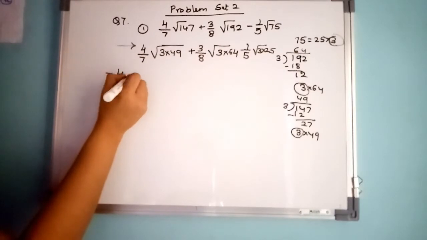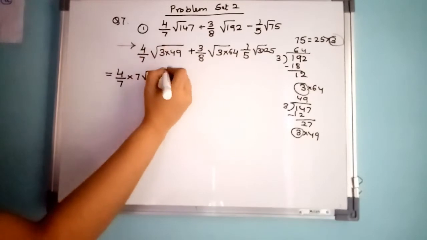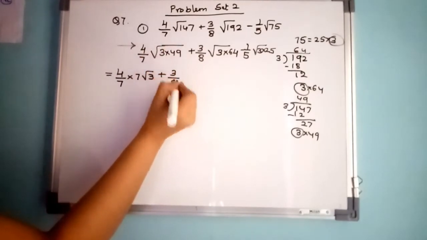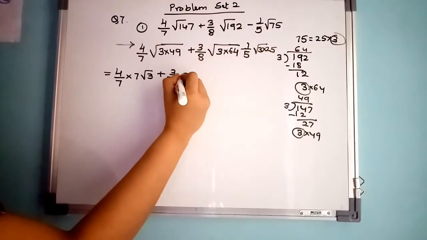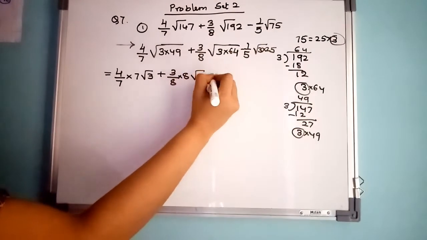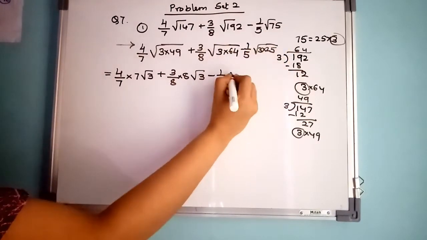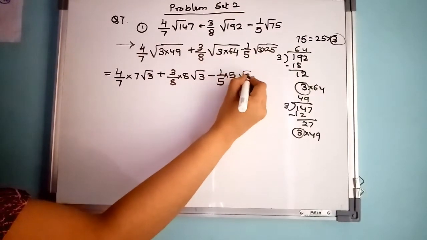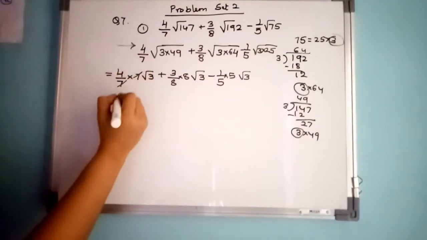Now we can see 4 upon 7 into 7 as root 49, root 3 as it is, plus 3 upon 8 into 8 as square root of 64, root 3 as it is, minus 1 upon 5 as it is, root 25 means 5, and root 3 constant.